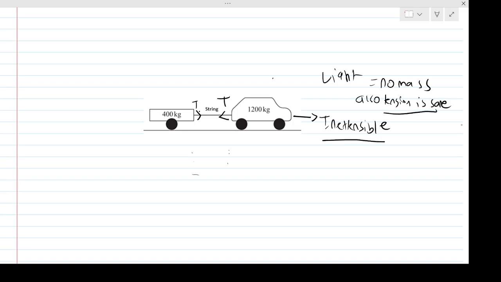Inextensible then means that the car and the extra vehicle accelerate. We call the acceleration A. Again, you'd expect that with two different vehicles they'd accelerate differently, but when the string is inextensible, the acceleration is the same throughout the whole string.